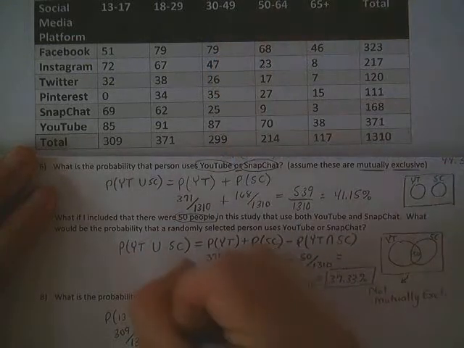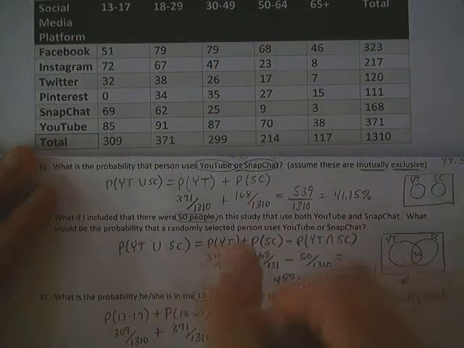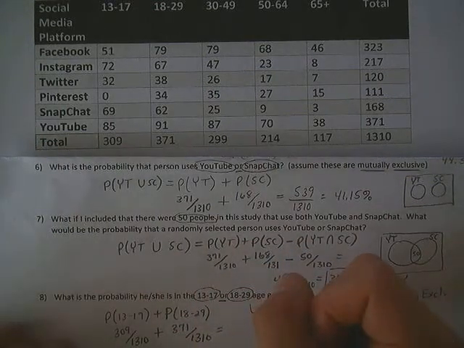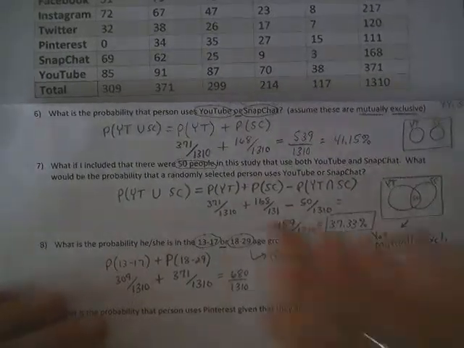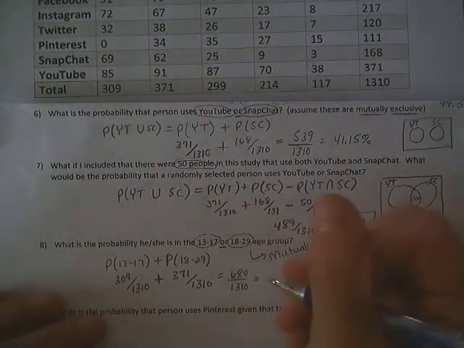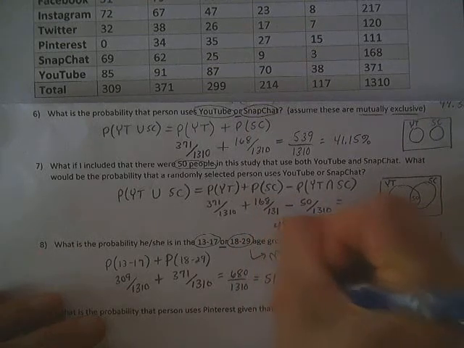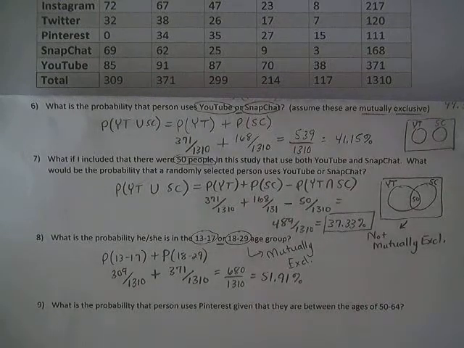So that's 371 out of 1310. And then we don't have to subtract anything because they are mutually exclusive. They can't happen at the same time. So from there, we just type it in our calculator. We get 680 over 1310. And then as a percentage, we get 51.91%. All right, so that's a lot of practice with union problems because those are the ones where they kind of work like the other ones.